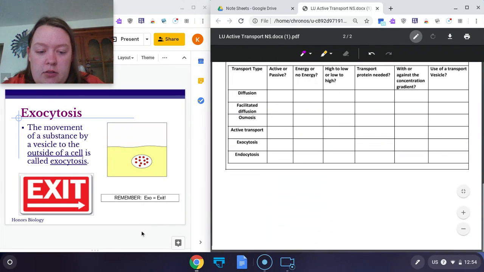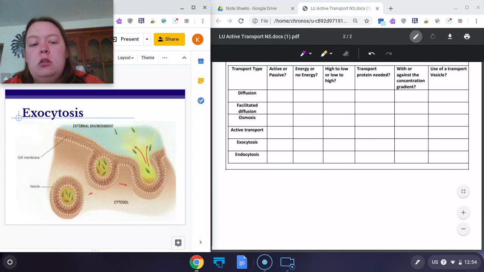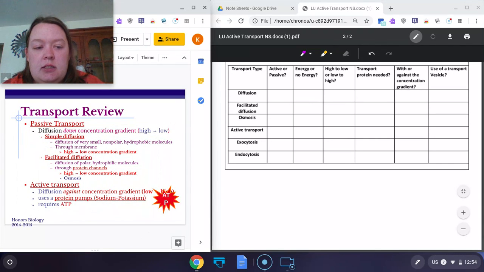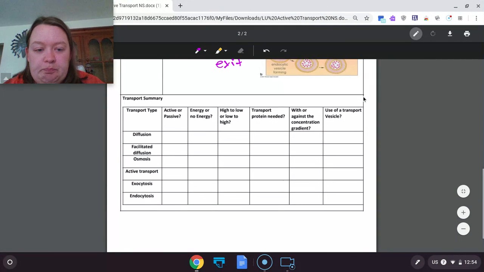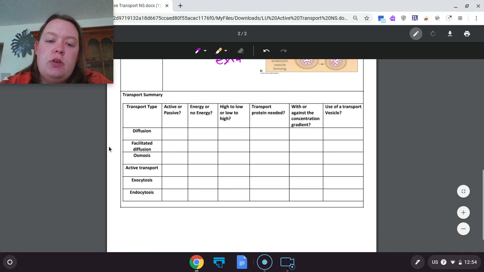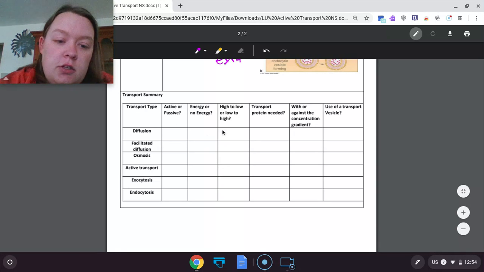So now we're going to fill out this summary table of all of the transport types. I'm going to bring this up a little larger so we can fill it out. So the transport summary, we're going to go through all of this together. We'll do diffusion first. Diffusion is passive transport, so it requires no energy.